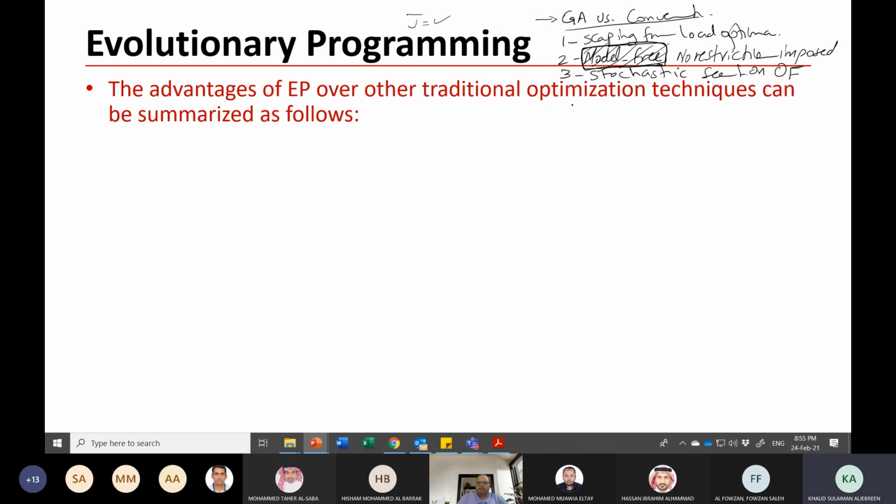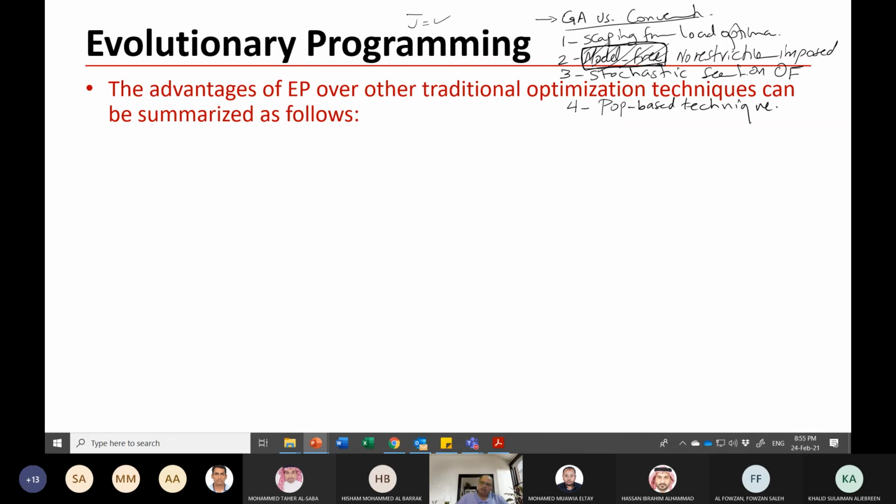Does parallelism have any role here? Yes. Genetic algorithm, evolutionary programming, it is a population-based technique. You are dealing with a number of solutions at each generation.